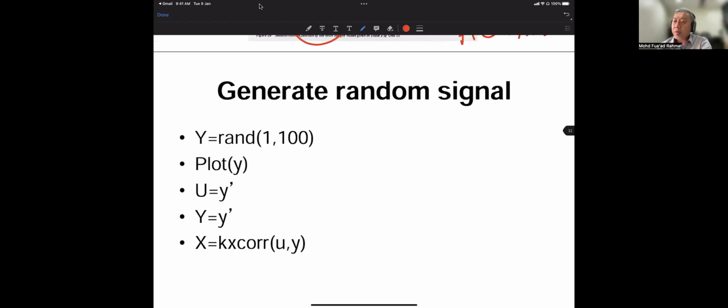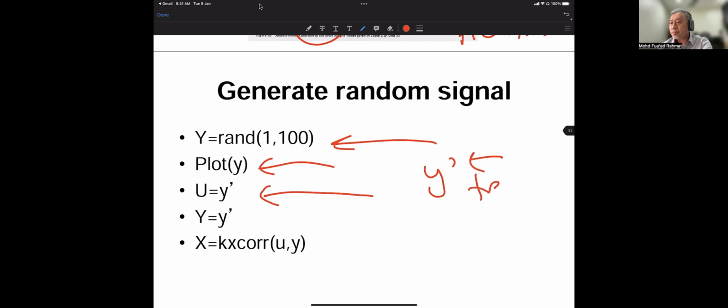Let's say a simple program: y is equal to random 1 to 100, choosing any number between 1 and 100. Then plot, and then y transpose, meaning interchange between row and column, y prime, and then apply the xcorr function for y and y.